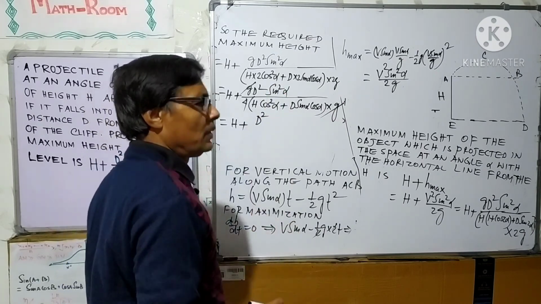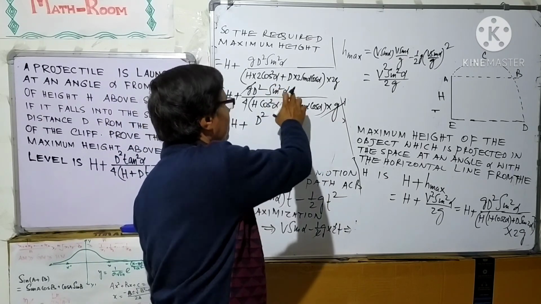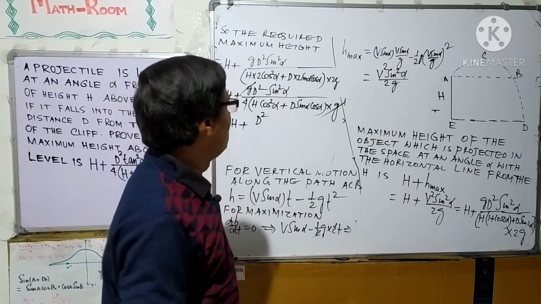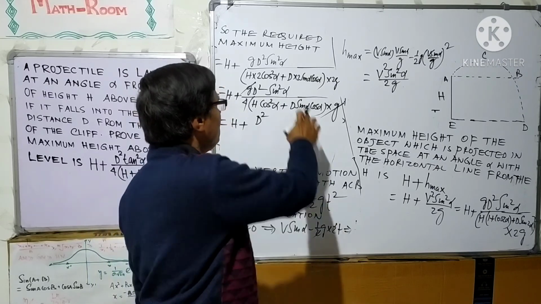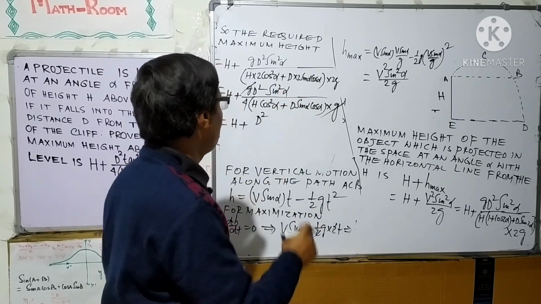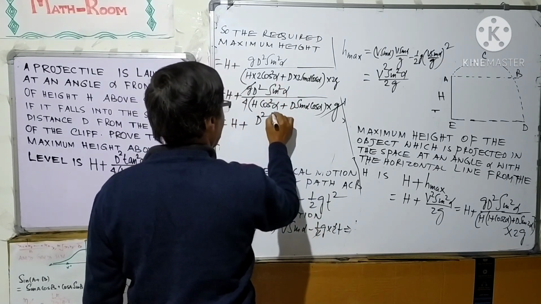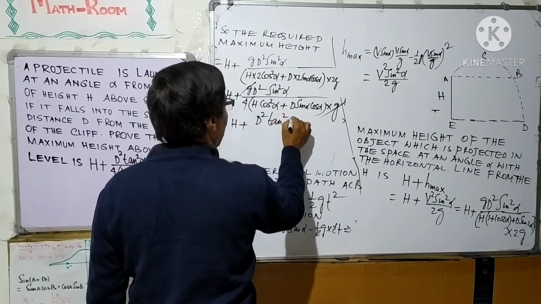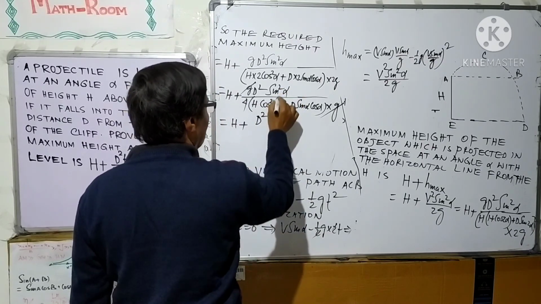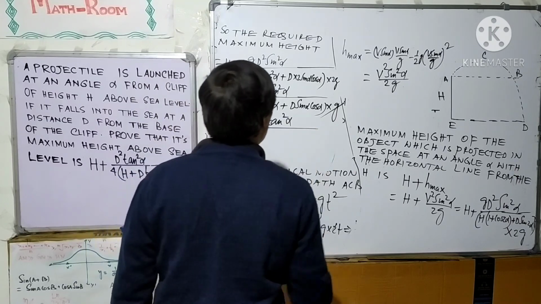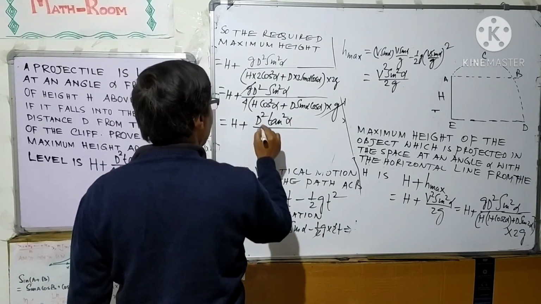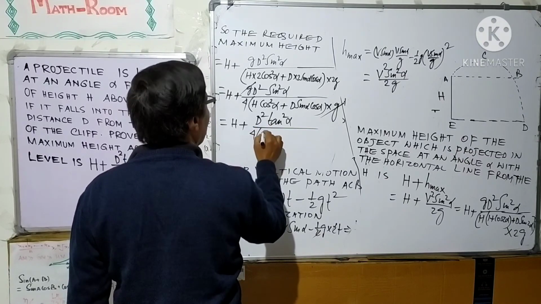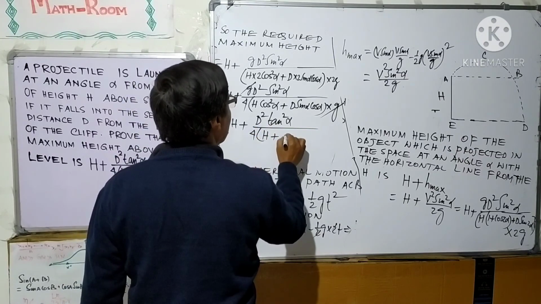If we divide both numerator and denominator by cos square alpha, we get d square tan square alpha, since sin square alpha divided by cos square alpha is tan square alpha. Also in the denominator we get 4 into h plus d tan alpha.